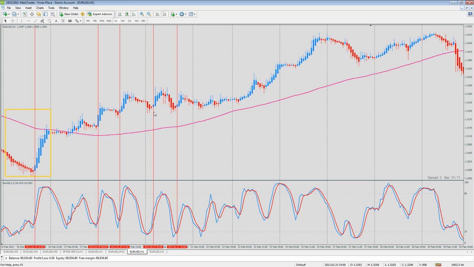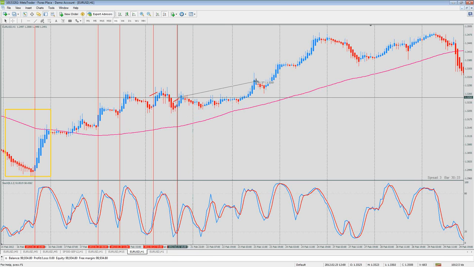So let's say you entered anywhere around here. It went up around 300 pips. So I guess you could enter. It doesn't matter. Let's say you entered somewhere around here or around here.